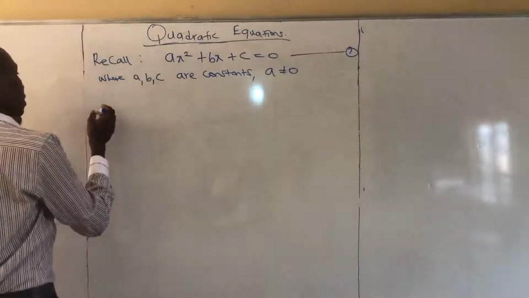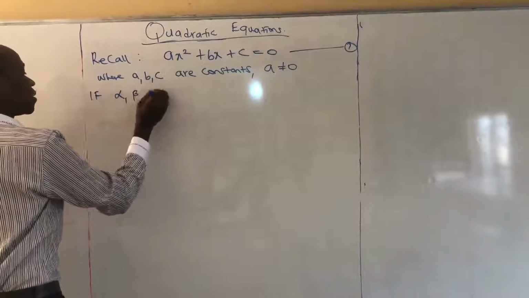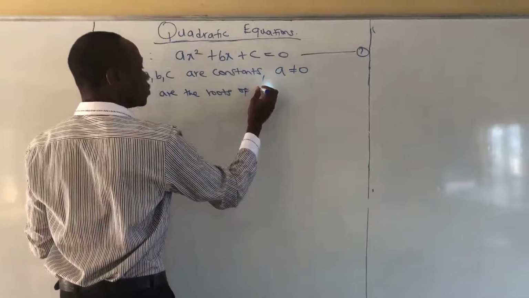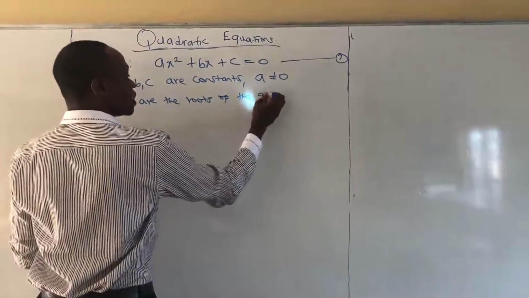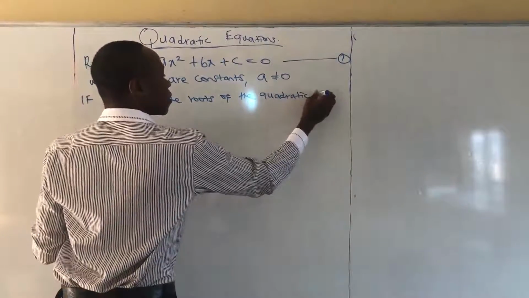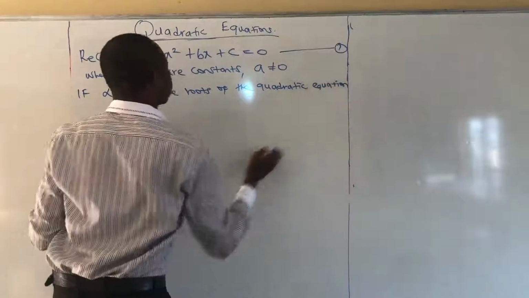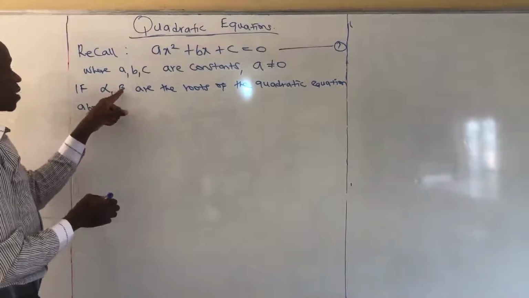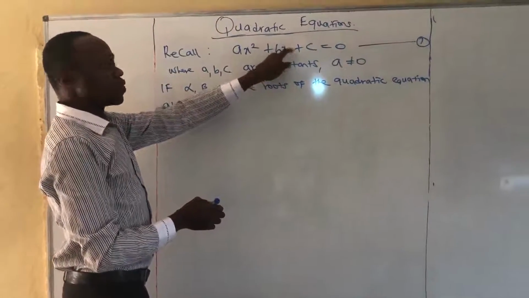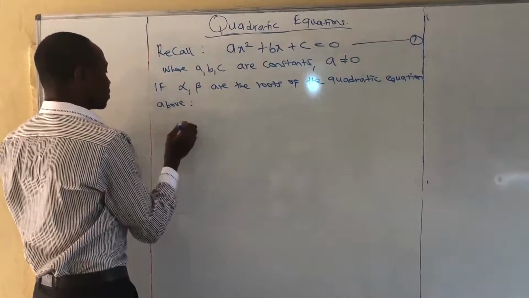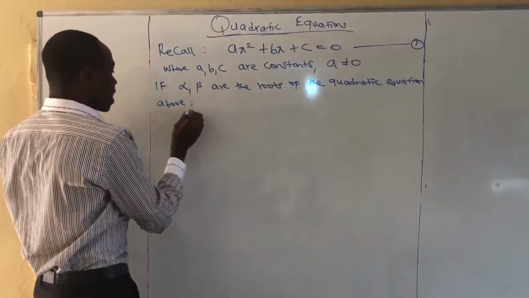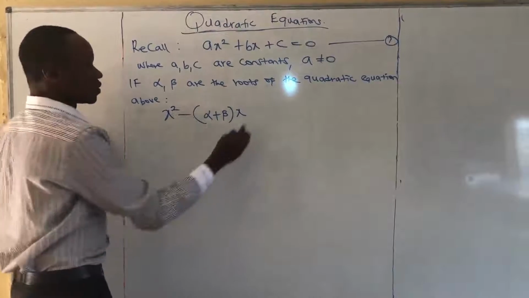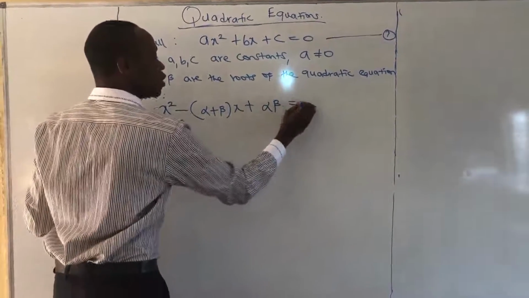You will also recall that if alpha, beta are the roots of the quadratic equation above, then we have the quadratic equation as x squared minus (alpha plus beta)x plus alpha beta equal to 0.